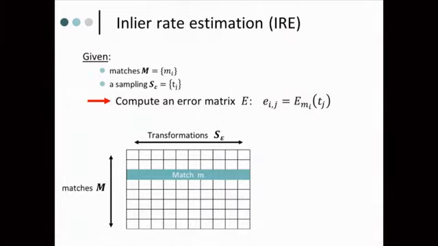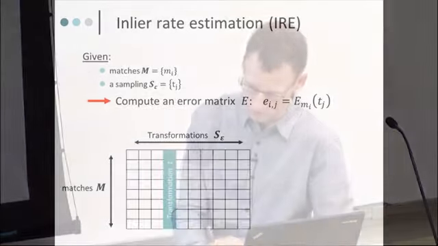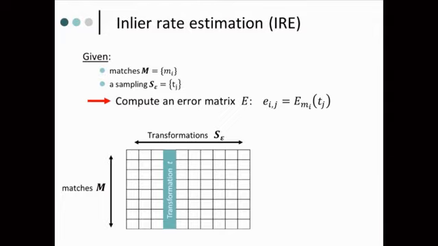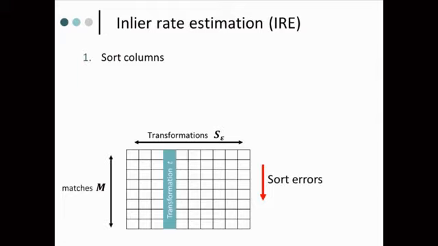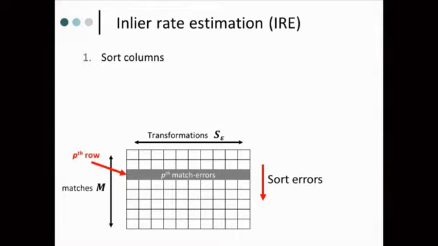Again, each row corresponds to a match, each column to a transformation. The first thing we do, for each column, we sort the errors in ascending order. And what we get as a result is that if we look at a certain percentile, a row at a certain percentile p, we get the pth match error for each of the different transformations.